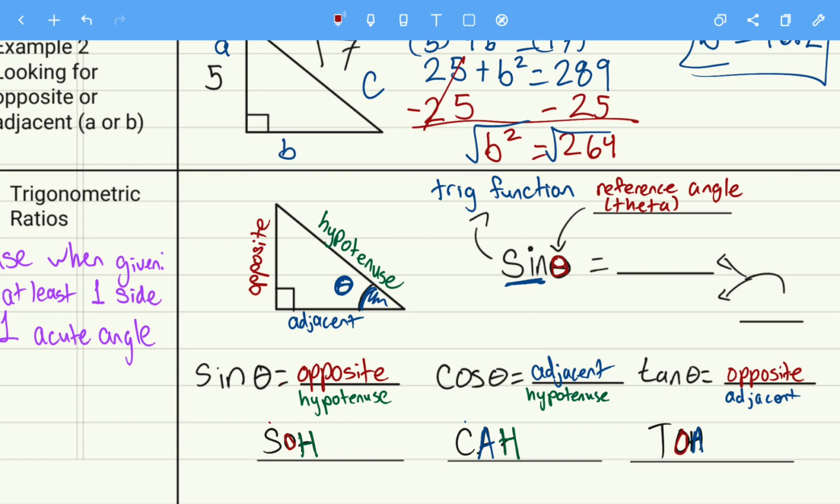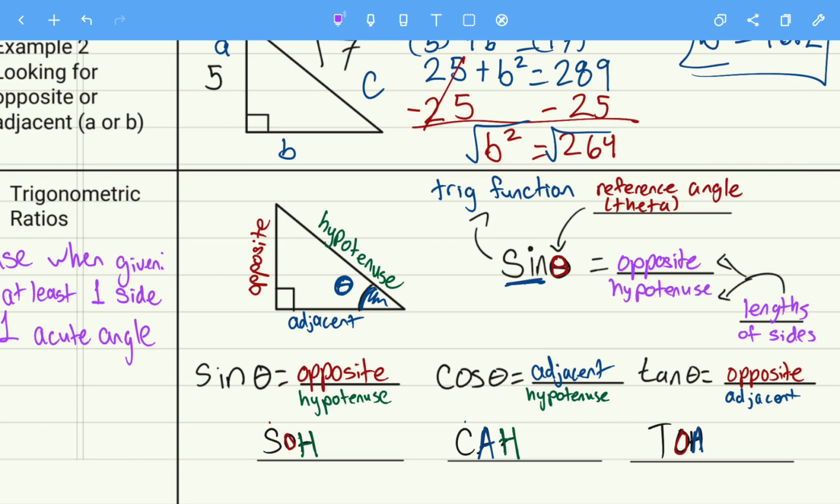And then, as we know, sine is the opposite over the hypotenuse. But cosine is the adjacent over the hypotenuse, and tangent is opposite over adjacent. These are just the lengths of the sides, whichever ones you're using.